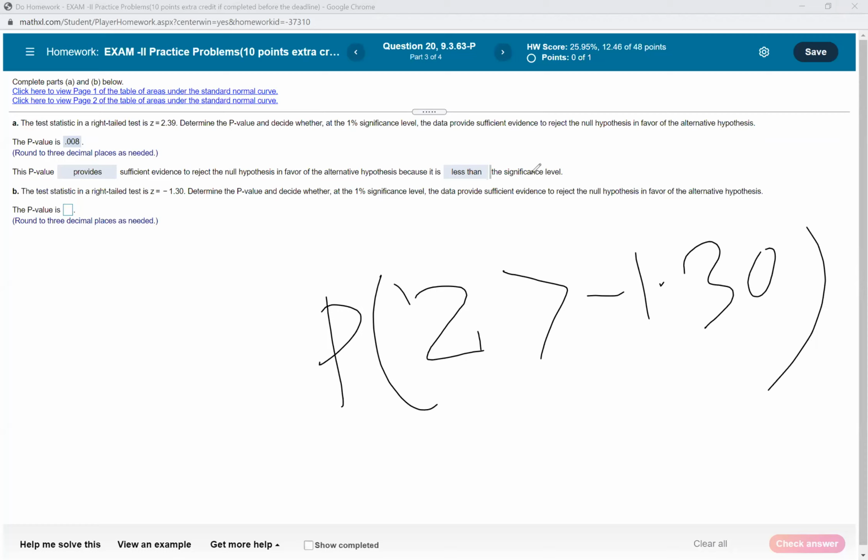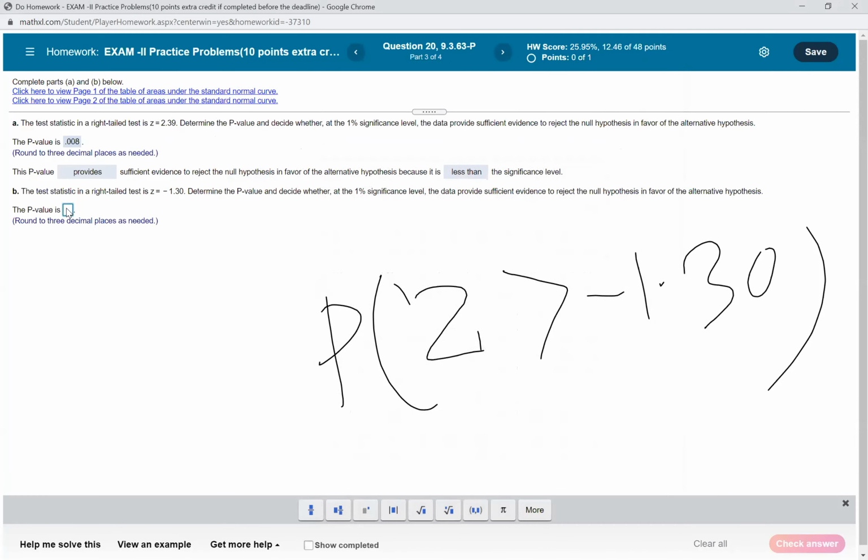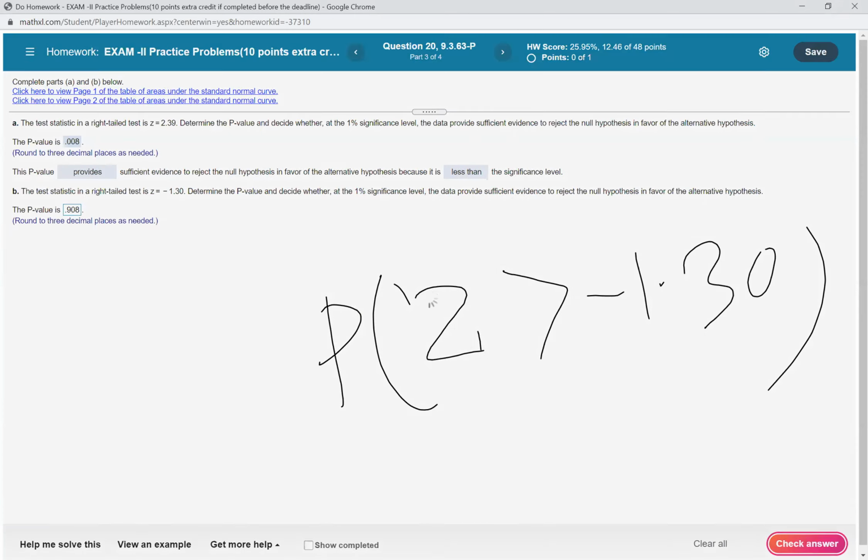How do we find this one? Okay, so here 1.3. Where is 1.3? 1.3 is somewhere here. So this is 0.9082. Yeah, 3 decimal places, so 0.908.